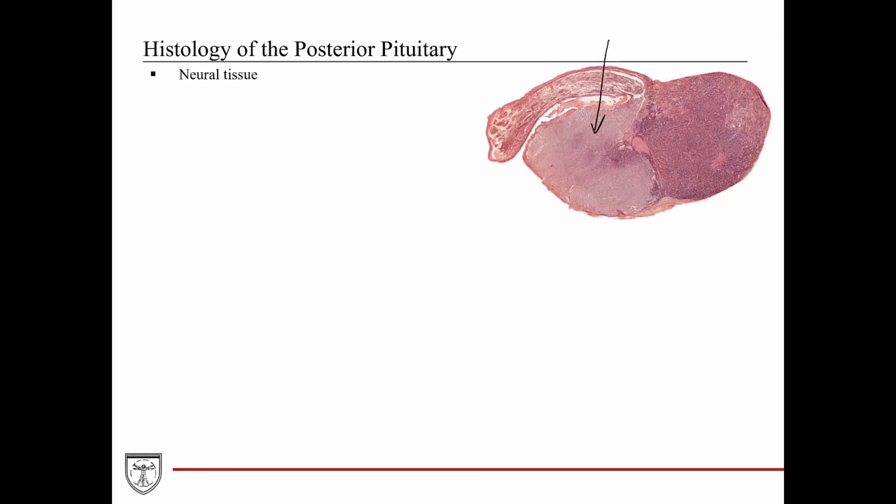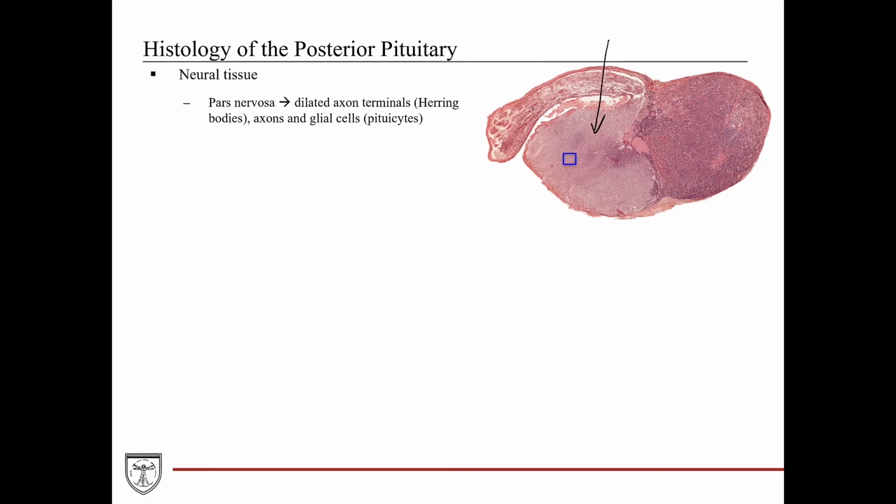And as mentioned earlier, the posterior pituitary is comprised of two subregions, the pars nervosa, which hosts a lot of these dilated axon terminals of the neurons whose cell bodies are positioned within the paraventricular and supraoptic nuclei in the hypothalamus. These dilated axon terminals containing oxytocin or vasopressin are called the herring bodies.